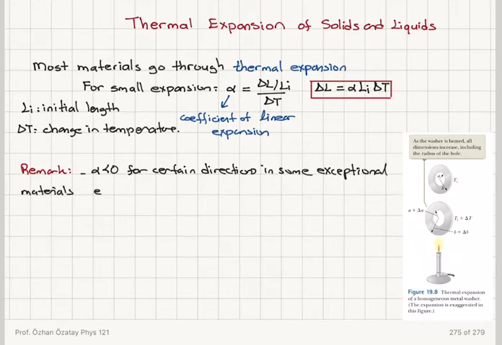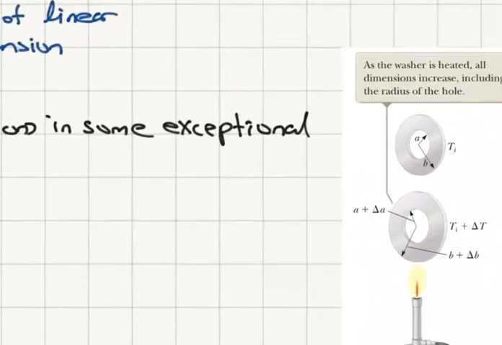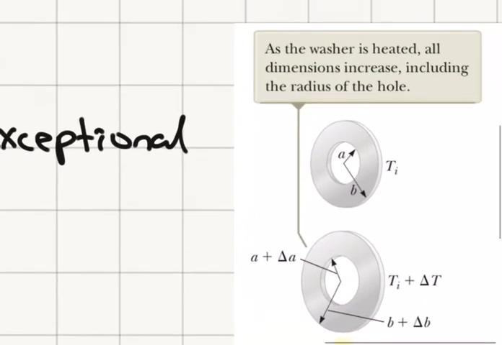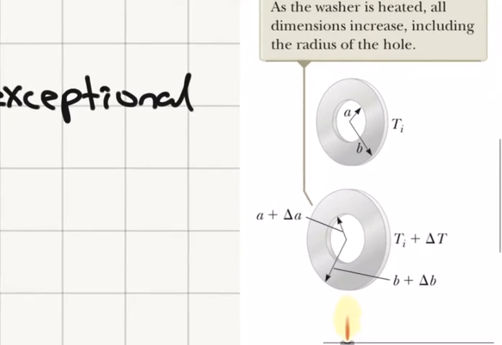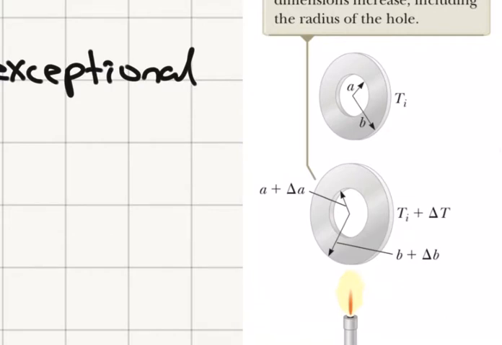So, for example, calcium carbonate. And the other important remark is that if you look at a cavity made of a material, for example, this washer, as this washer is heated, we find that the cavity of the material is going to expand just as if it were filled with material.